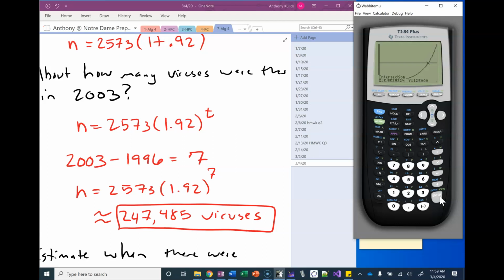And you'll notice at the bottom of the screen now, the calculator's given me an answer to my question. It says the intersection is at x equals 5.95 and so on, and y is 125,000.